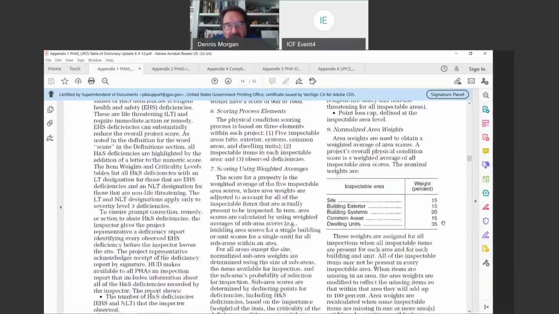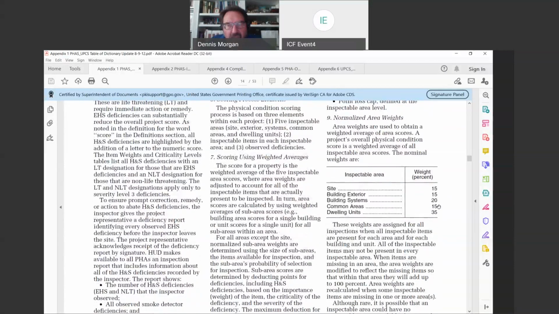So for example, common area is 0 because I don't have any common area, but then building systems might be worth 25, dwelling units might be worth 40, and site might be worth 20. It's going to redistribute the points to the other areas that I have on that particular development.